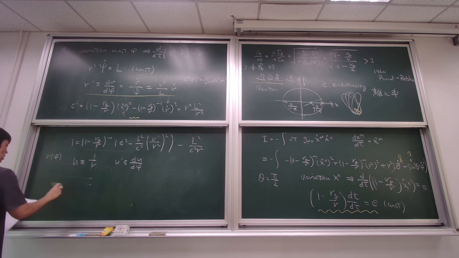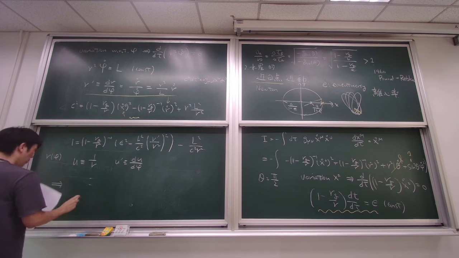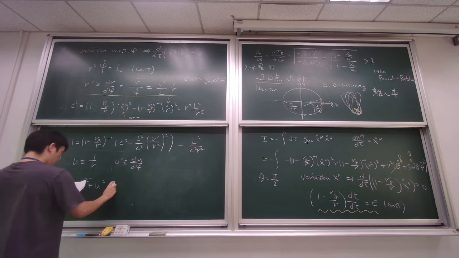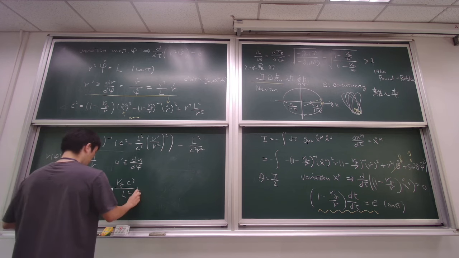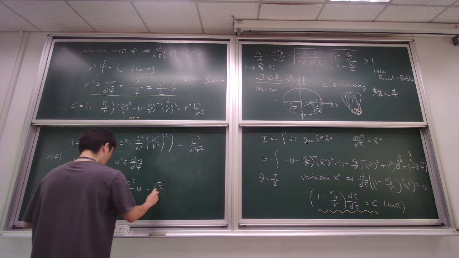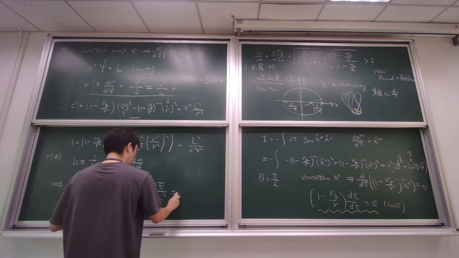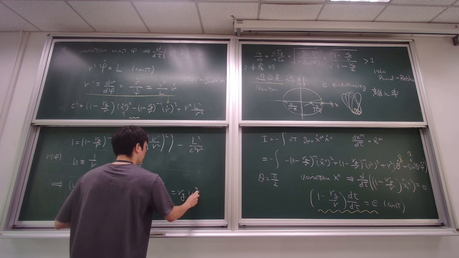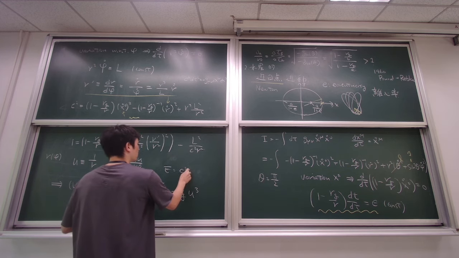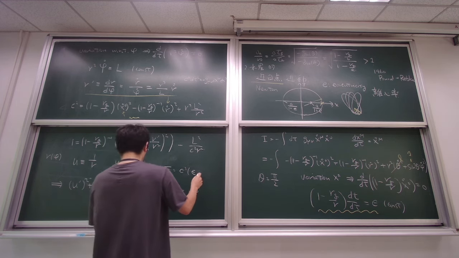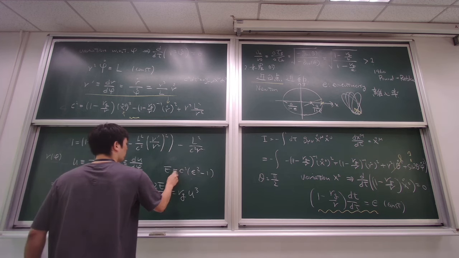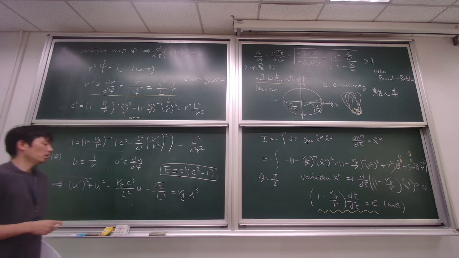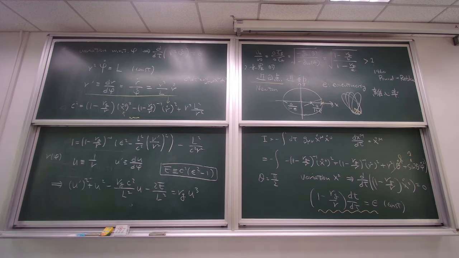Then this equation can be written as follows: u prime squared plus u squared minus rg c squared over L squared u minus 2E over L squared is equal to rg u cubed, where E is equal to c squared times e squared minus 1. Okay, so this is the definition. It's just rewriting this equation this way.